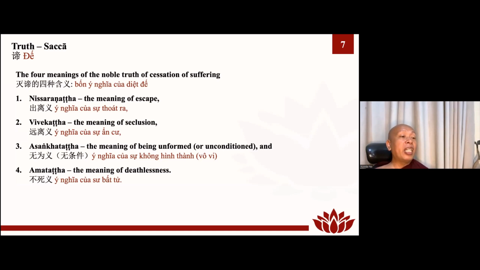Now, Asankatata. Okay, I already mentioned Asankata before, right? The meaning of being unformed. Here I also add unconditioned. So when we say unformed or unconditioned, you can also imagine, right? Nibbana is not conditioned by avijja paccaya sankhara. Nibbana is not caused by avijja.